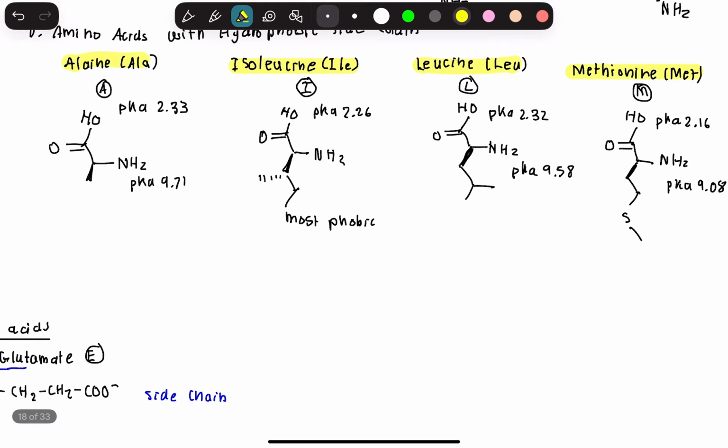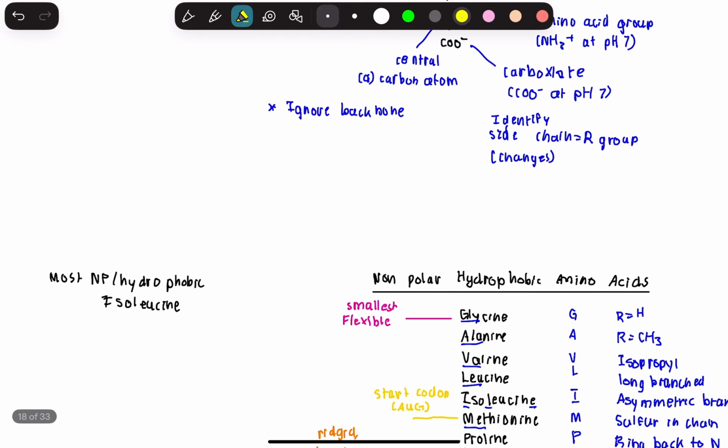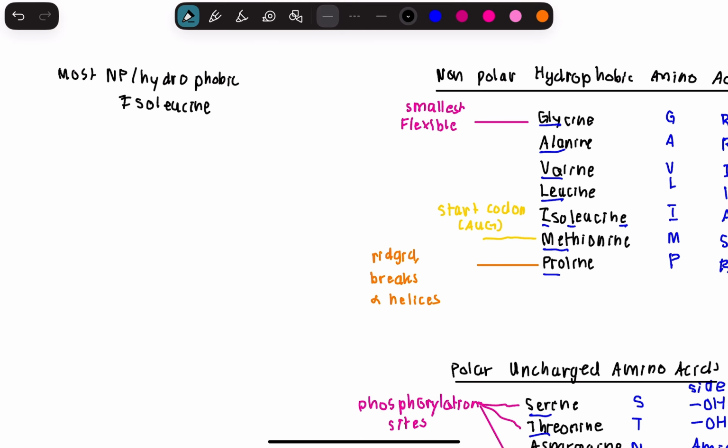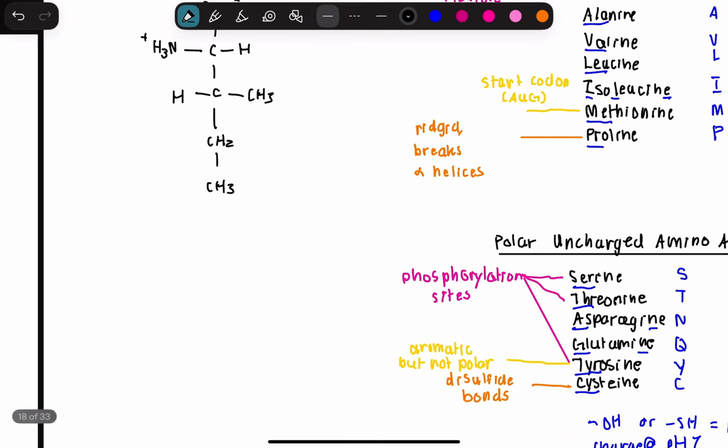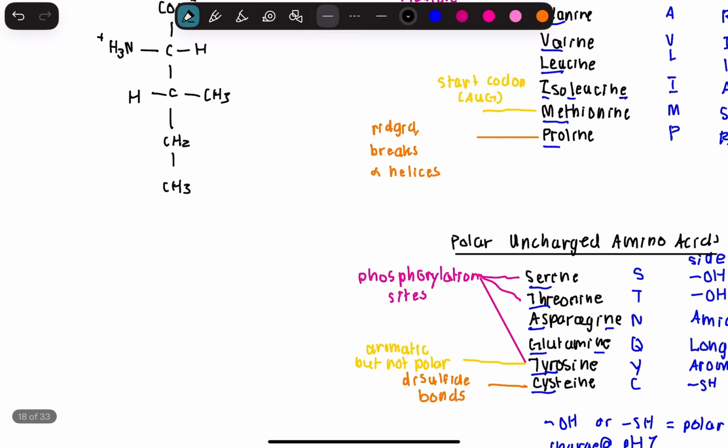This is our isoleucine, and an example of our most hydrophobic, and you also have valine as well.